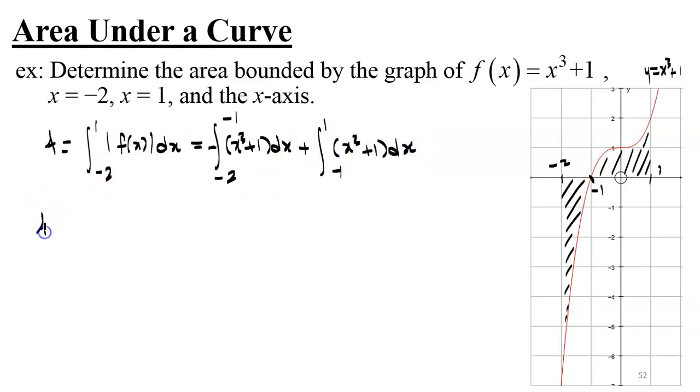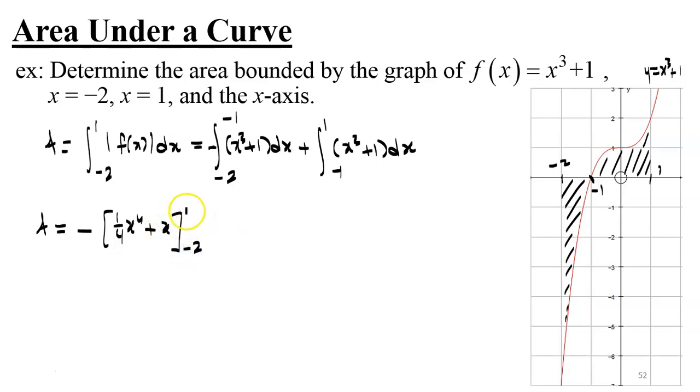And then we integrate each, not forgetting that we have a negative here. So it's 1 over 4 x to the 4 plus x. The integral of x cubed is 1 over 4 x to the 4, and the integral of 1 is x.